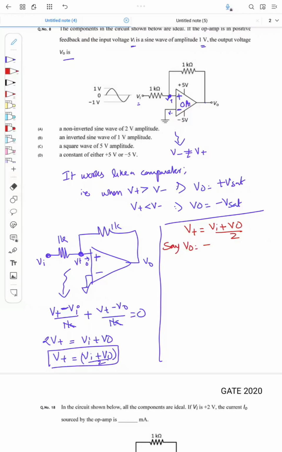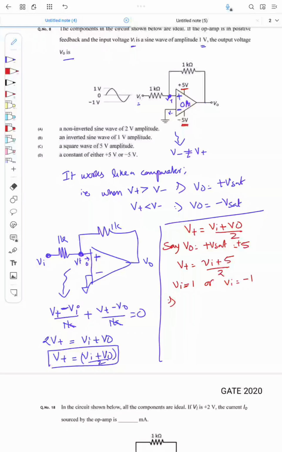Say V0 is plus Vsat. Here it's ideal, so plus VCC and minus VCC is 5 volt. So we'll say this is equal to plus 5. V plus is equal to (Vi plus 5) by 2. Now Vi has two conditions: Vi can either be the maximum value of 1 volt or minus 1 volt.